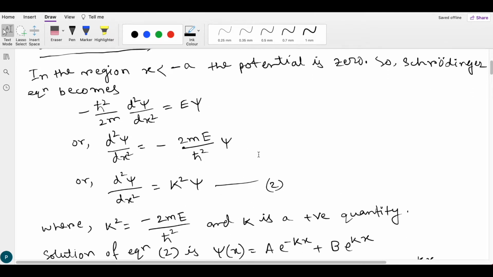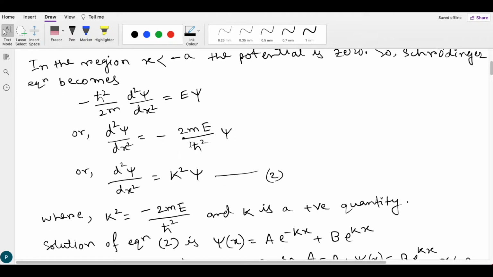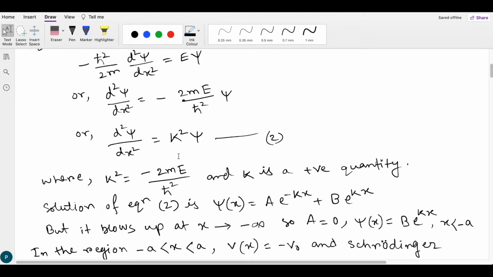Or if we take the constant part to the right hand side, we get minus 2mE by h bar squared psi, and we are writing k squared as minus 2mE by h bar squared. And note that k is positive here because we know E is negative, so the value k squared, or k, is positive.